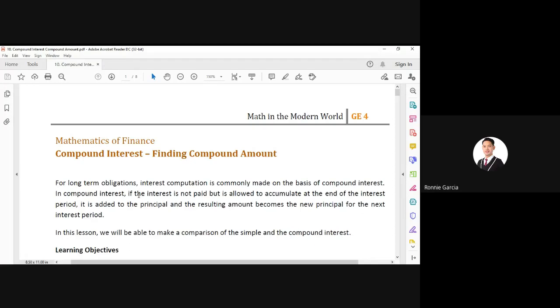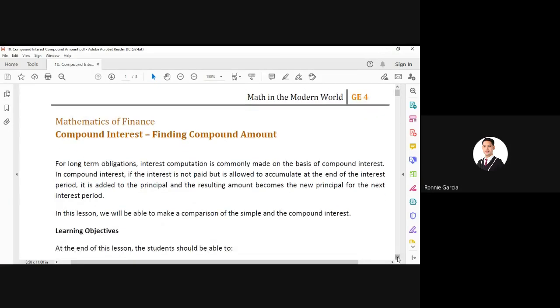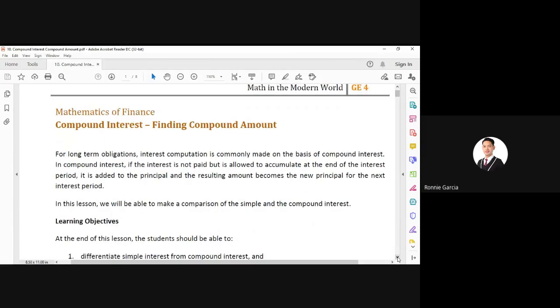So as simple as that. For the compound interest, there is accumulation of interest kay every now and then naay period nga kailangan i-compute imong interest, especially kung wala pa nahuman ang imuhang payment for a particular amount. So I hope diri pa lang sa introduction naa na moy clear picture about the compound interest.